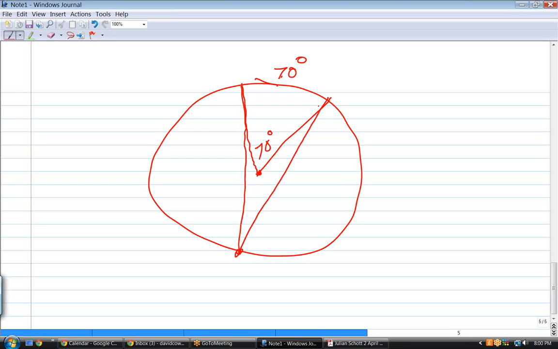And if you remember that the ratio is either 2 to 1 or 1 to 2, it has to be 1 to 2, because I can tell that that angle is smaller than that angle. So if there's a 2 to 1 ratio involved in here, it can only be that way. There's no way this can be twice that. But this can certainly be half that, and it is. It's 35 degrees.